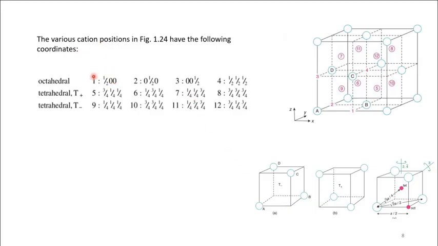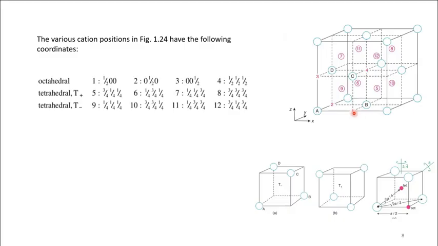What are the coordinates? If we take the octahedral sites, it is very easy to get the coordinates. Considering the origin, this is 1, this is 1. Let's say this is X, so this is half, 0, 0.